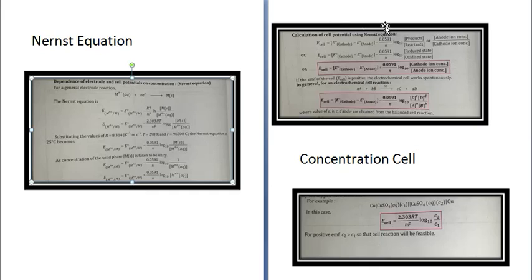If you have to calculate the cell potential, E cell is given by E0 cathode minus E0 anode minus 0.0591 upon n log to the base 10 concentration of products upon concentration of reactants, or you can write concentration of anode ion upon cathode ion concentration, or in its place you can also write reduced state concentration upon oxidized state concentration, or you can write cathode ion concentration upon anode ion concentration.